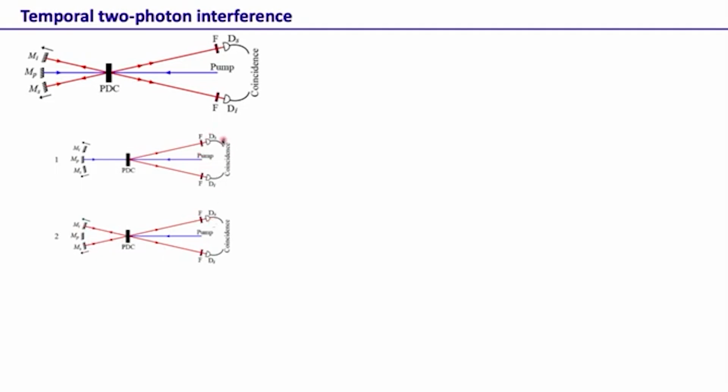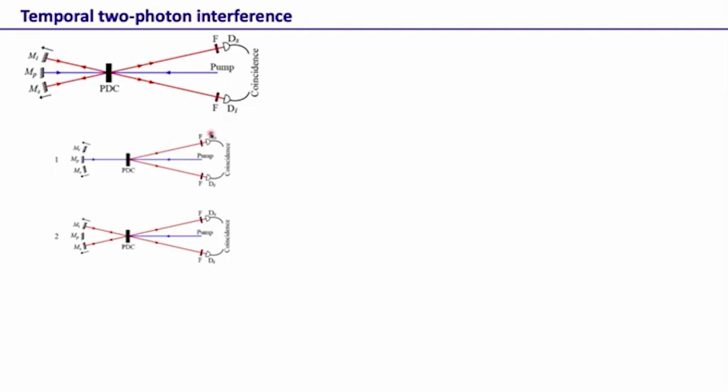So if we observe a coincidence count, that means one photon here and one photon there at these two detectors, there are two possible ways in which that can happen, which is this and this. And typically there is no way that one can tell just by looking at the coincidence whether this event happened or that event happened. This is the same as when we do a Young's double slit experiment with single photons, and there is no way of telling whether the photon goes through the first slit or the second slit, and then we say that the interference is because of the interference of those two alternatives.